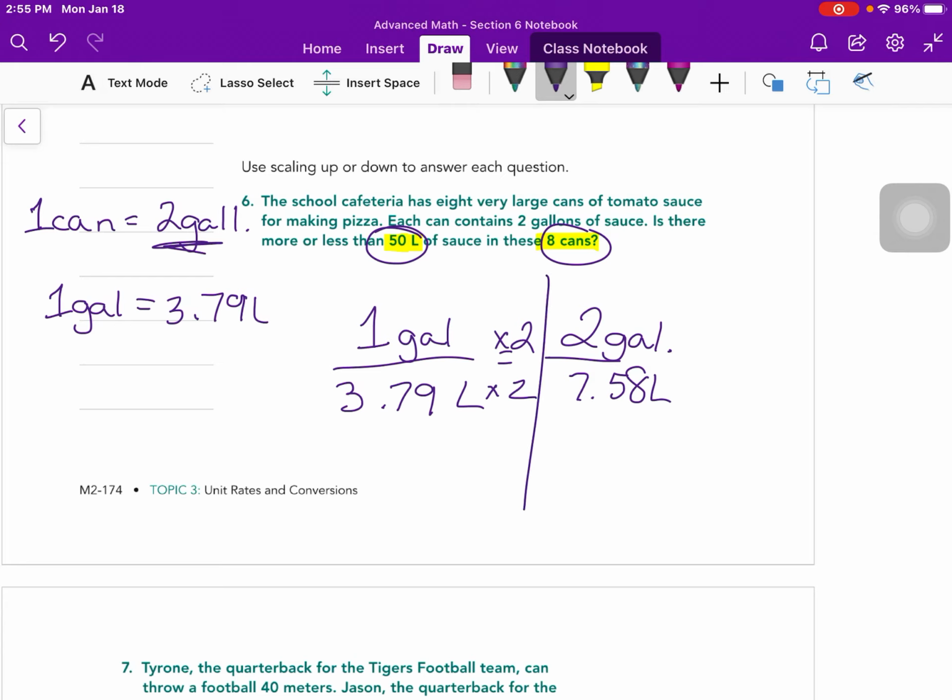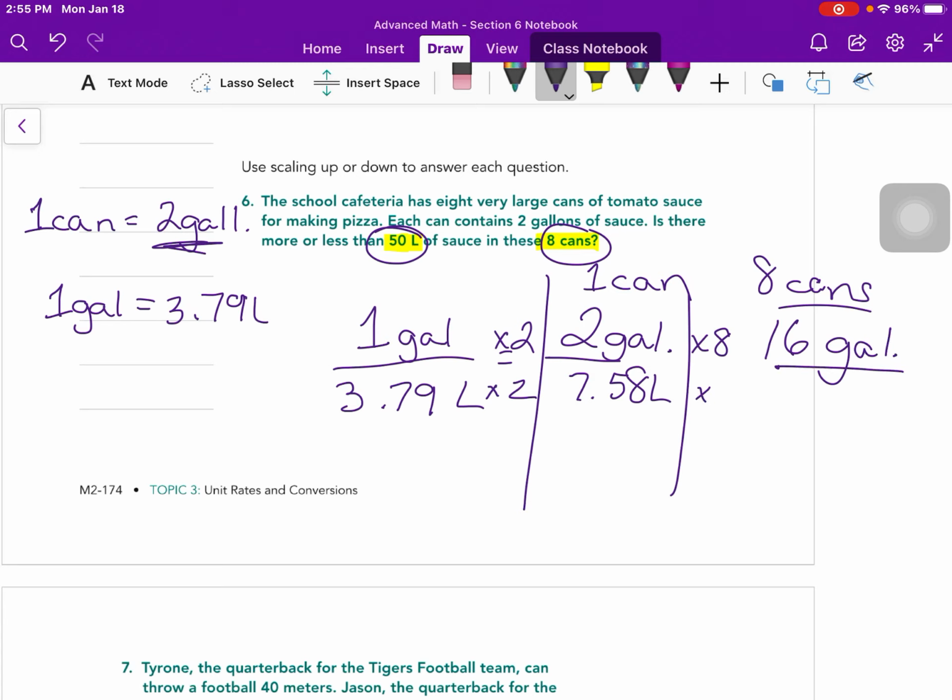Now the question's asking, are there more or less than 50 liters, and there's 8 cans? So this is 1 can, and I have 8 cans I've got to deal with. So I'm going to scale up by multiplying by 8. I'm going to end up with 16 gallons, and I'm going to multiply this by 8, and I'm going to end up with 60.64 liters. Is this more than 50 liters?